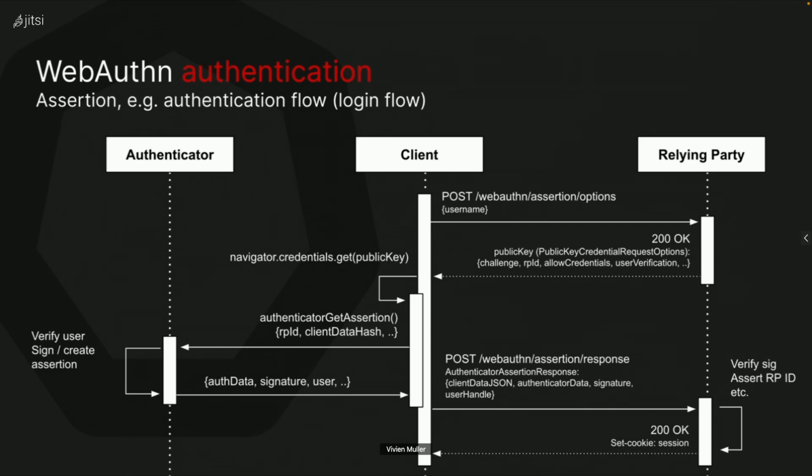Then the client will trigger a function in CTAP called authenticator get assertion with the RPID and the hash of the client data. The identity of the user at that stage is not provided to the authenticator. This is a privacy functionality built into the protocol to make sure that personally identifiable information is not roaming around if it is not needed.